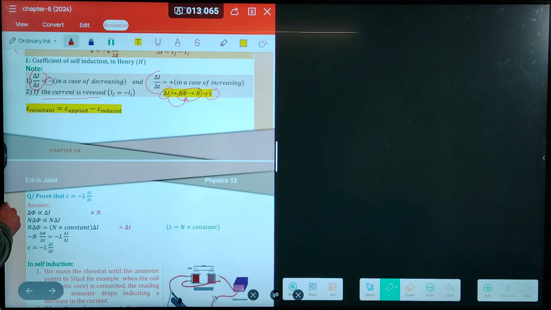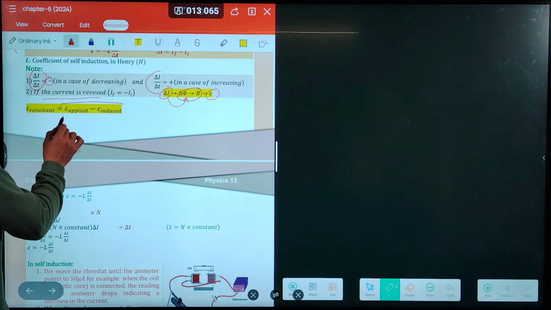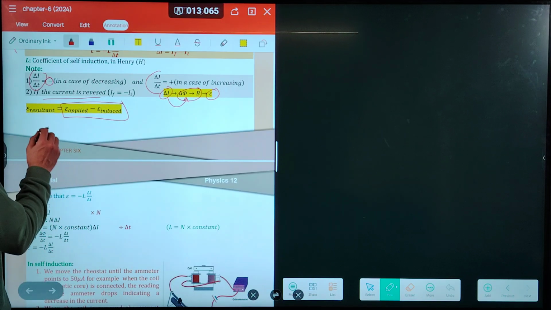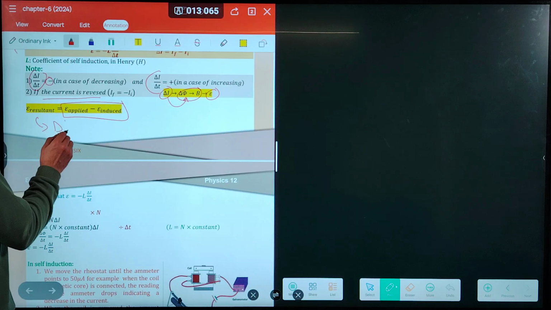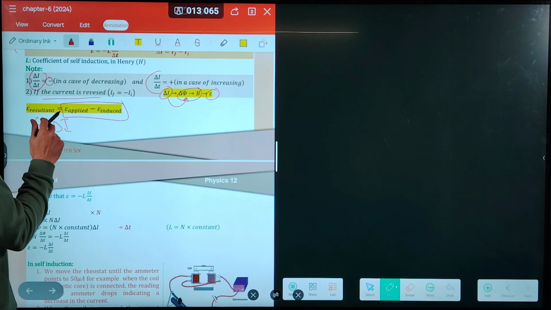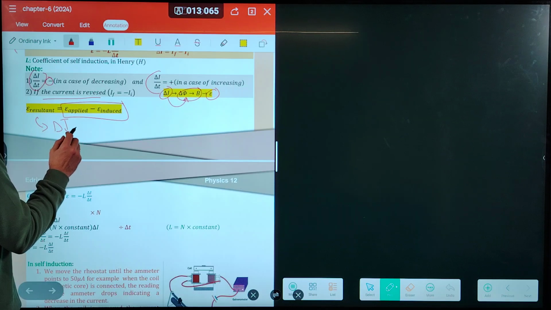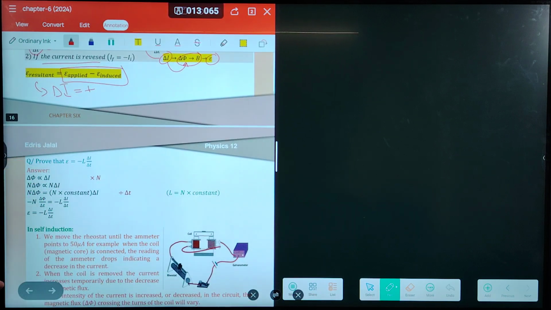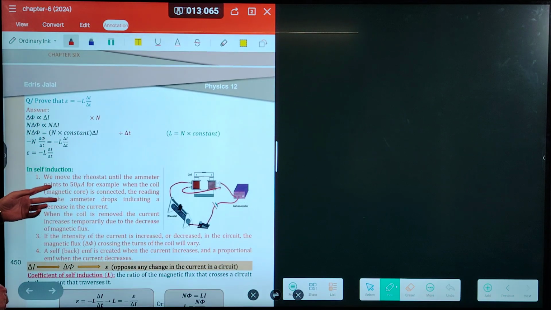The resultant EMF is equal to the applied EMF minus the induced EMF when delta I increased. When does E resultant equal applied EMF minus induced EMF? When delta I is positive, the resultant EMF is equal to the applied EMF of the source minus the induced EMF.